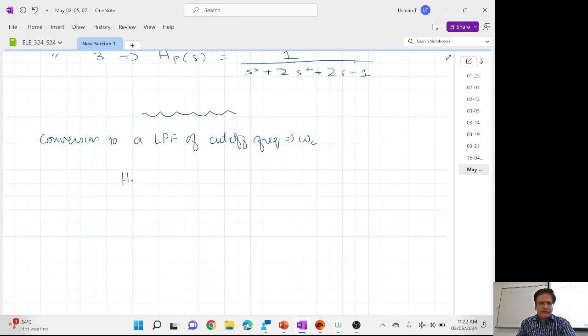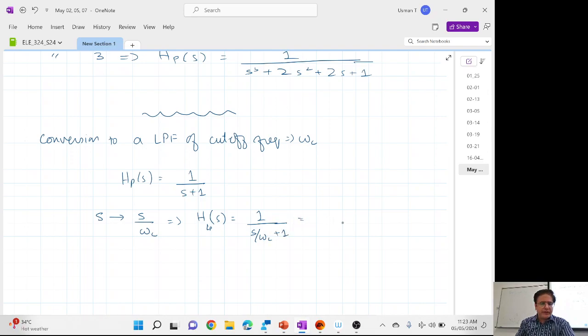So I have H_P of s, which is 1 over s plus 1. I just replace s with s over omega c. I call it H_LP of s. This is just 1 over, in place of s, s over omega c plus 1.